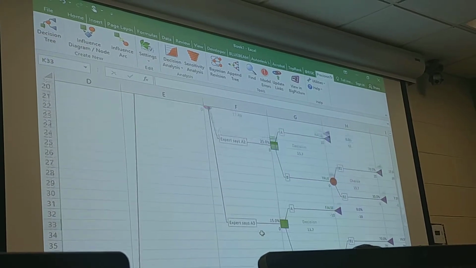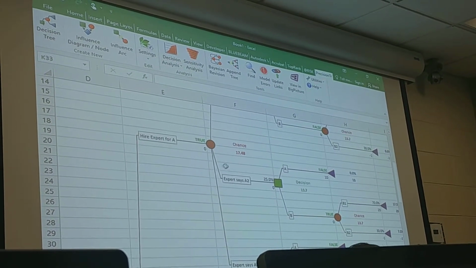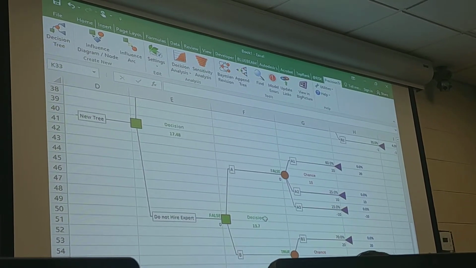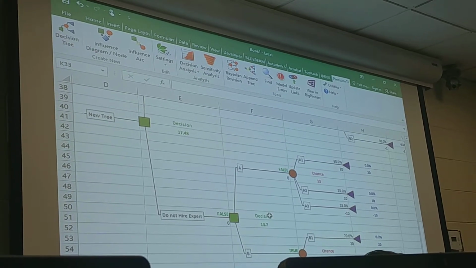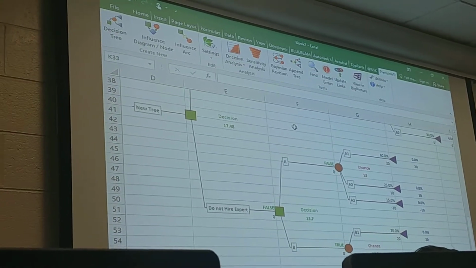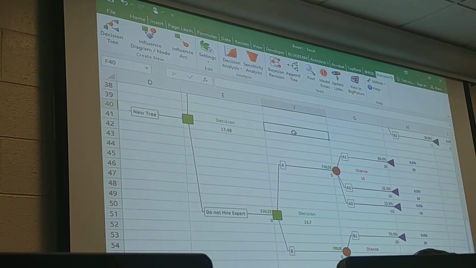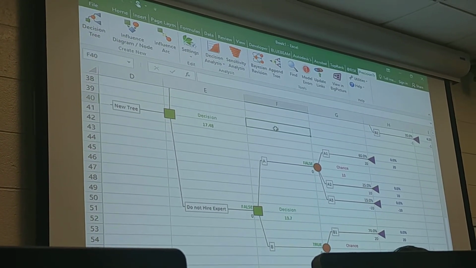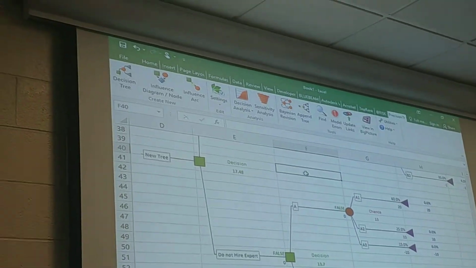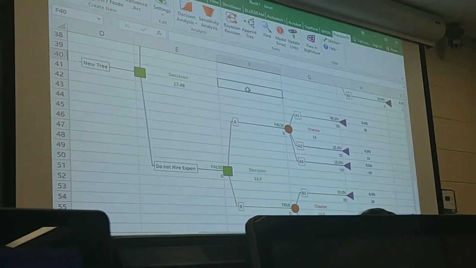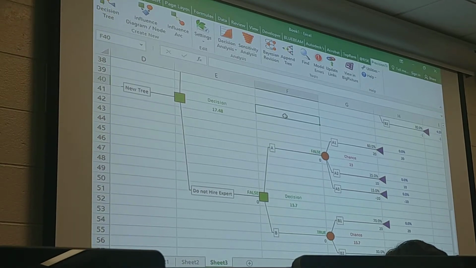Because the EMV if I hire an expert is higher than the EMV if I don't hire this expert, it's good to consult this expert. Overall, it will result in a higher EMV value. And in this problem, I'm maximizing this EMV, so it's better to consult this expert.